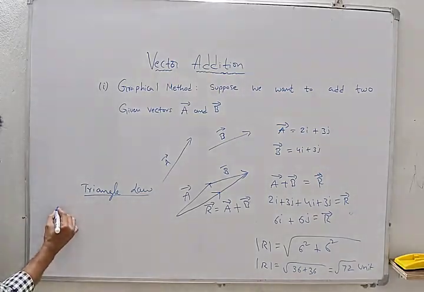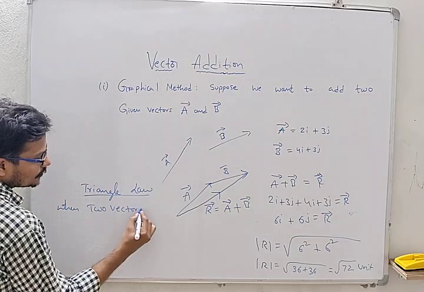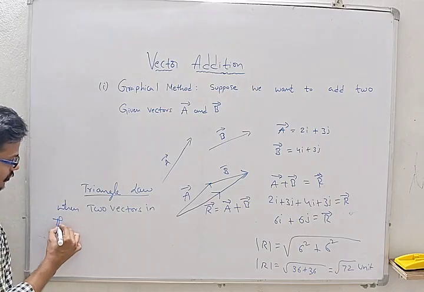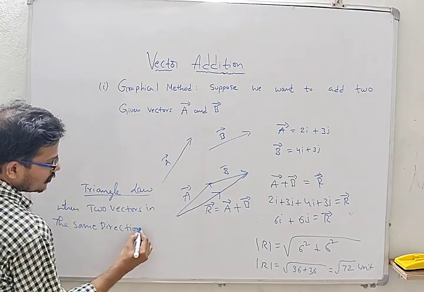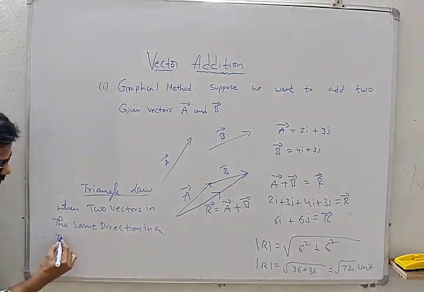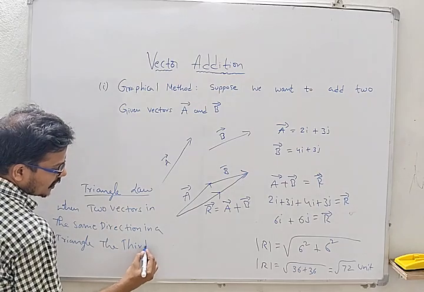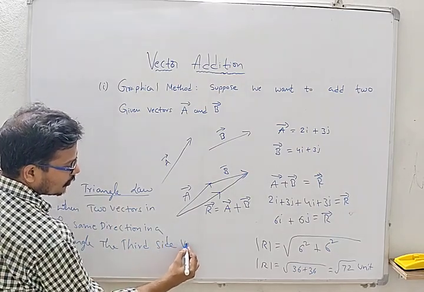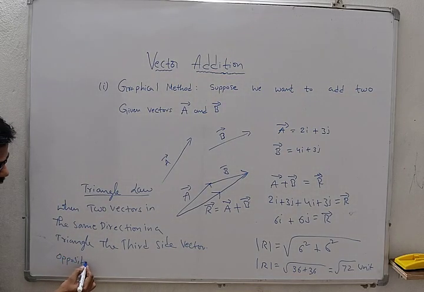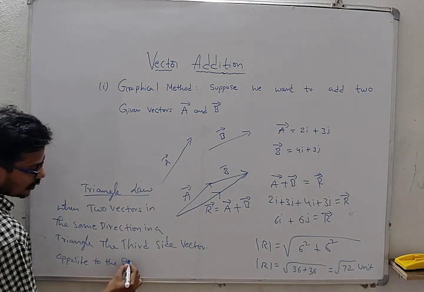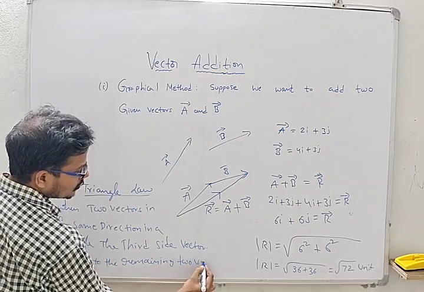Triangle law: when two vectors in the same direction form a triangle, the third side vector is opposite to the remaining two vectors.